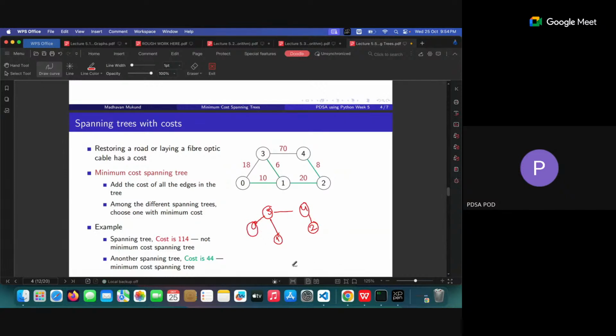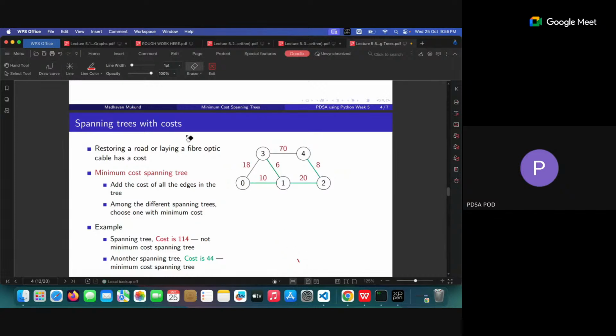And there is another way: 0, 1, 2, 3, and 4 is also possible, because you are connecting all of the vertices with the minimum number of edges. That's okay. But we are associated with edges with cost.